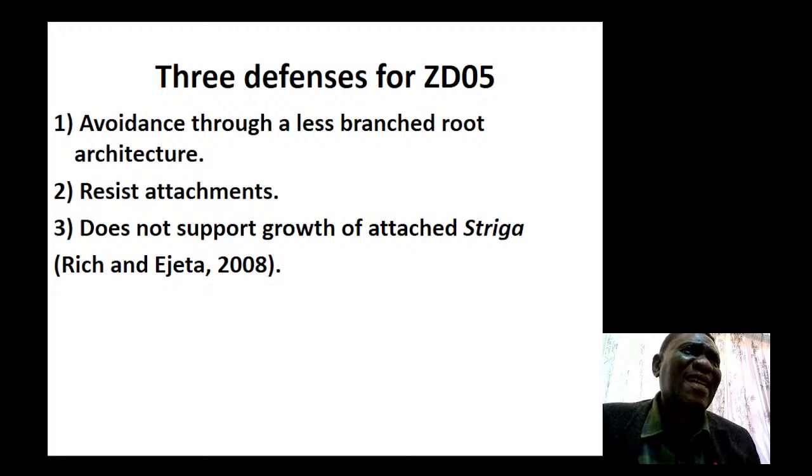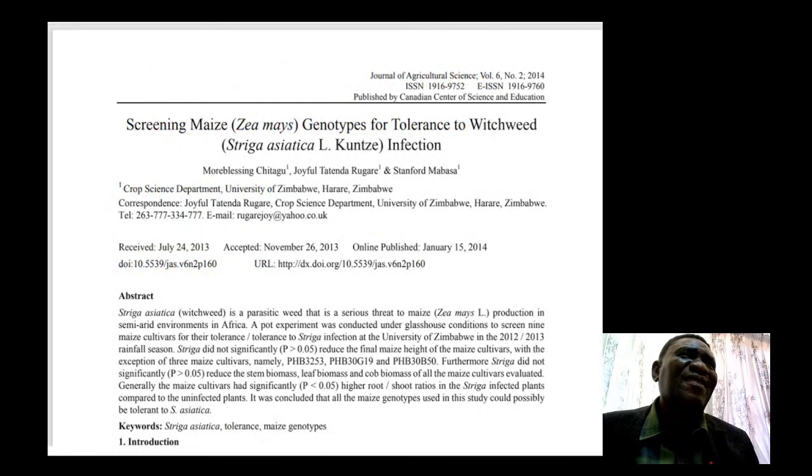But the second one, where it can actually resist attachments, this is very important. It also doesn't support growth after attachment, so it interferes with the life cycle of Striga. This is also an important trait. You may have a look at that paper.